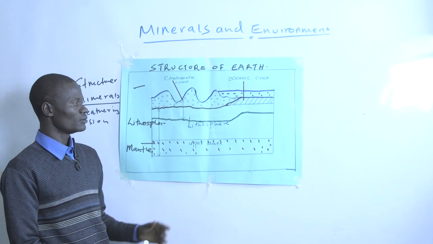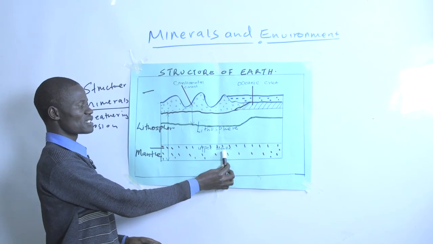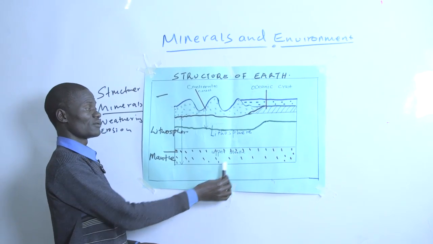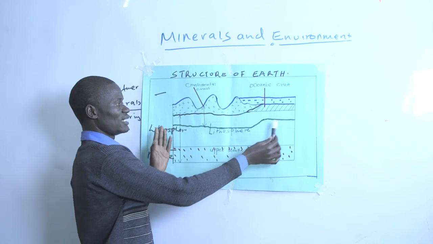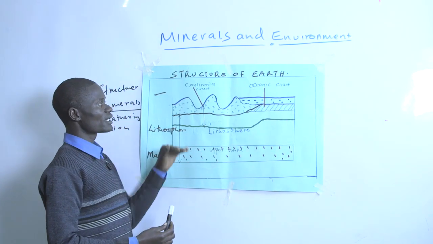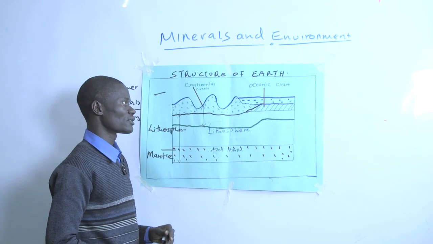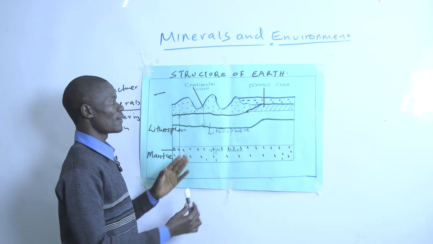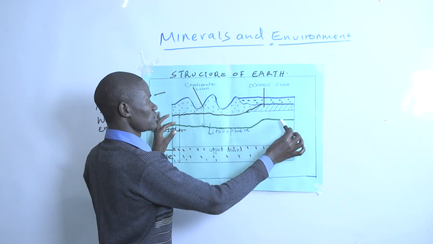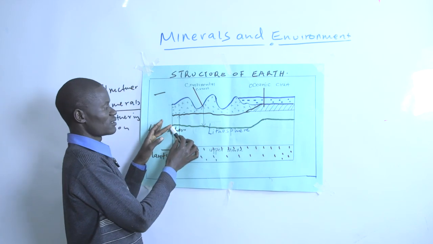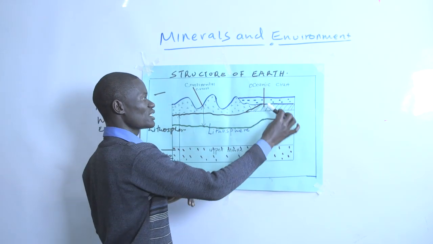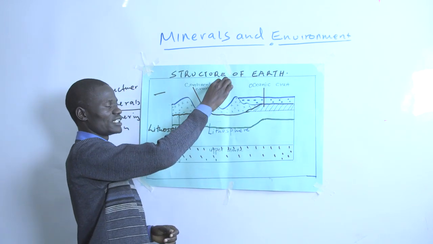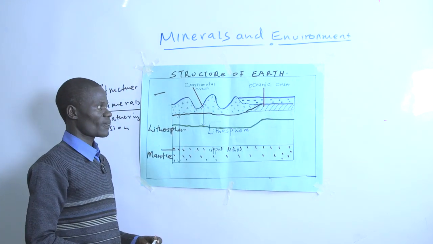Therefore, of the mantle, we have only picked out the upper mantle. The upper mantle is separated by the lithosphere. The lithosphere is a bordering discontinuity that borders the oceanic crust and the continental crust.